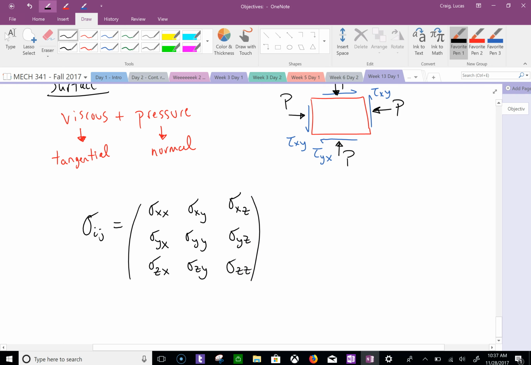Because this is multiple forces, we can write it in a matrix form. These represent surface forces, yep. And to be honest, I don't remember right off the top of my head why there's a negative.